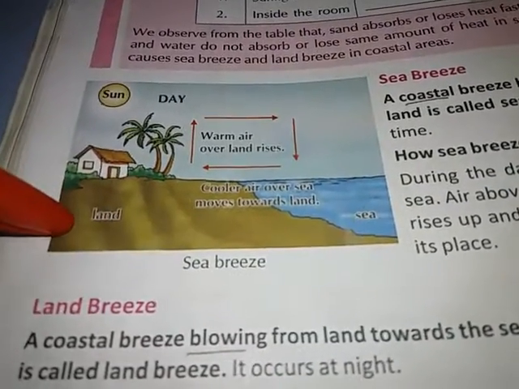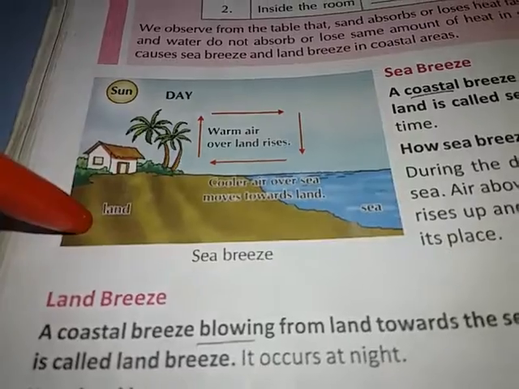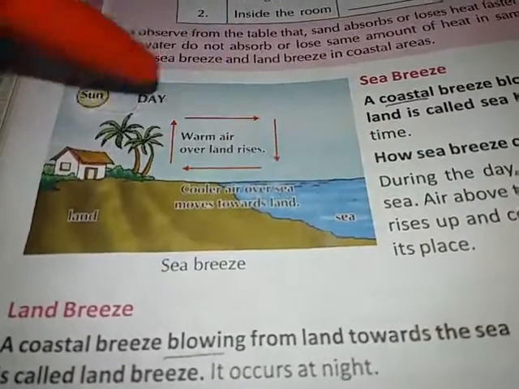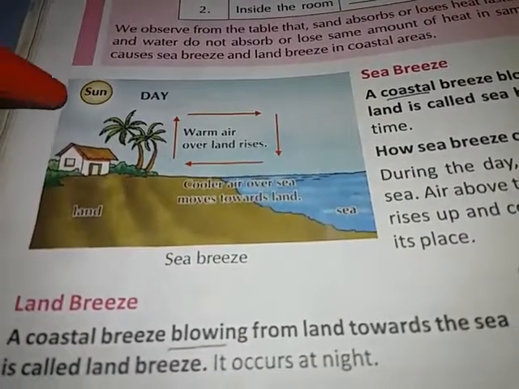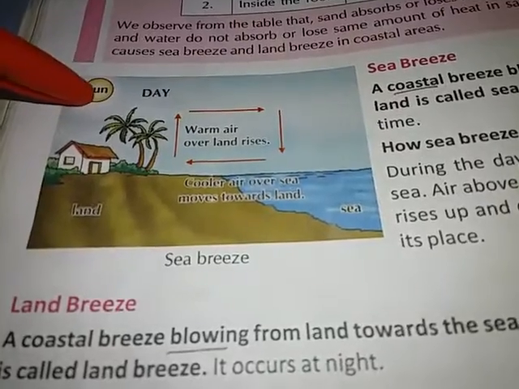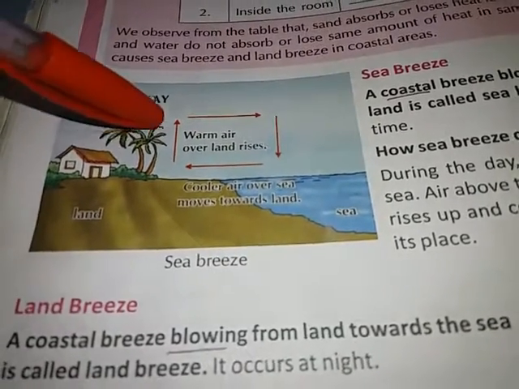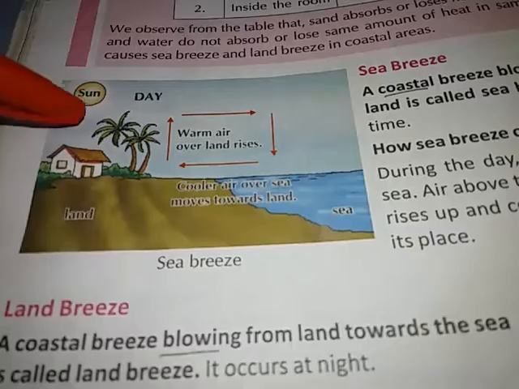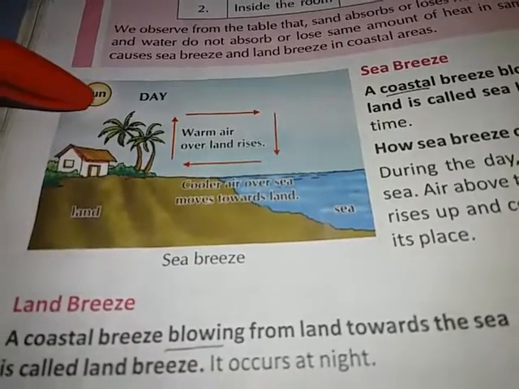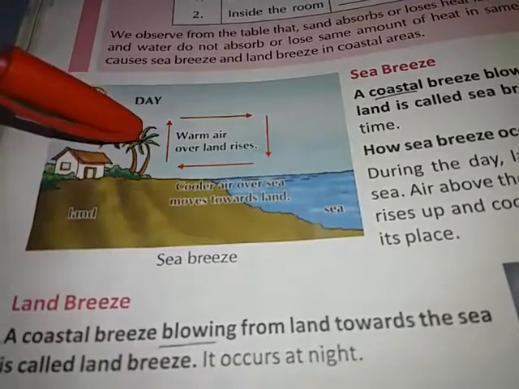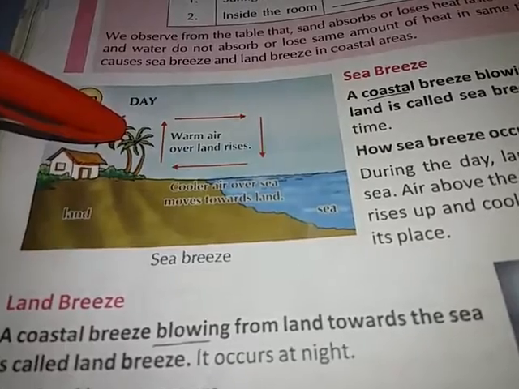It's a land and it's a sea. Then what will happen? During the daytime, the sun will give heat, and then what will happen? During the day, land gets heated more quickly than the sea.